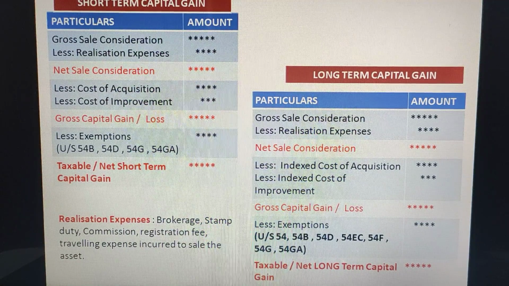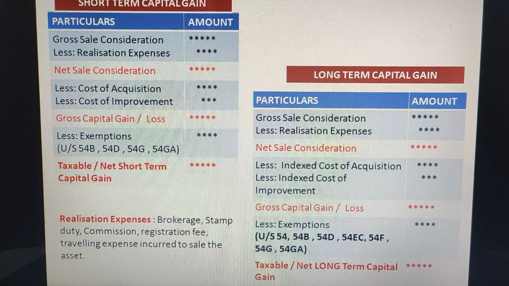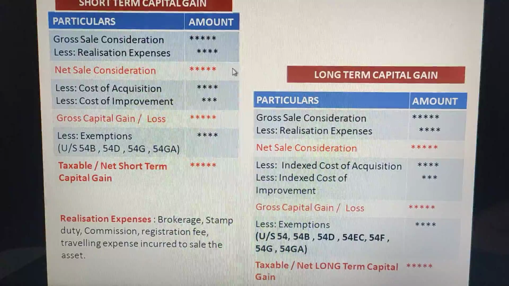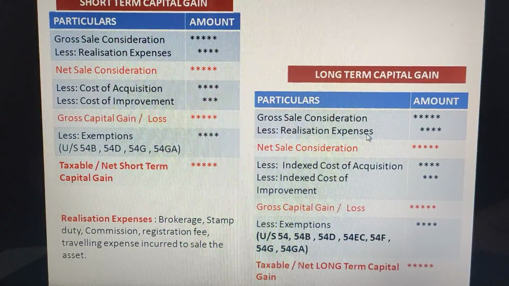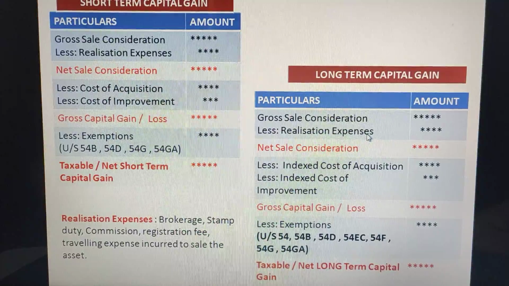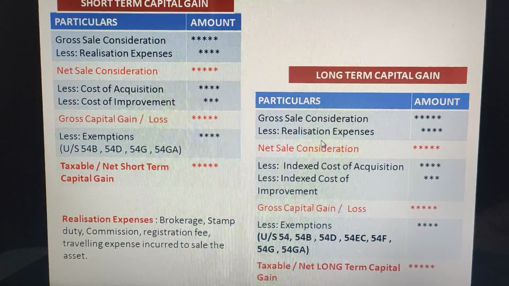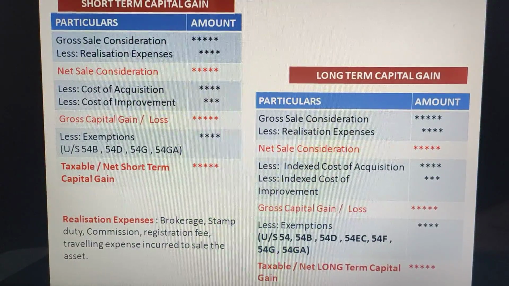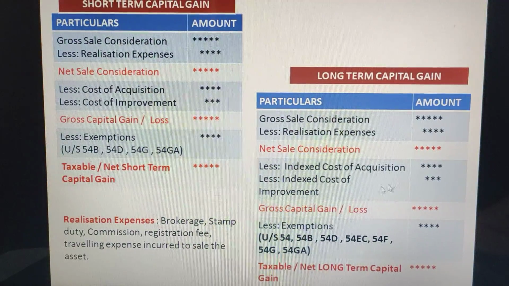This is the format for short-term capital gain. The next format we will discuss is for long-term capital gain. Everything is the same. That is your gross sale consideration, the sale value, and realization expenses, which is also the same, that is, anything you have incurred to sell the asset, then you will get net sale consideration.